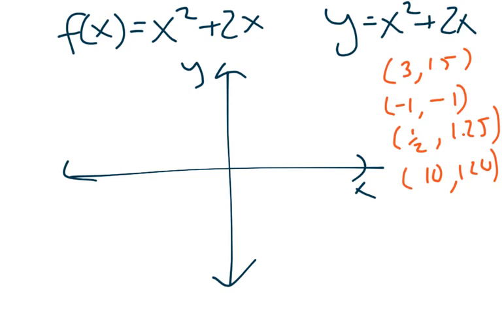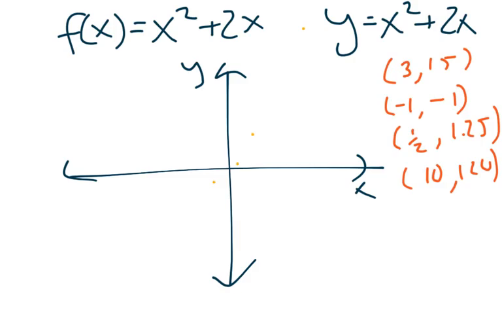What we could do is plot all of these points on my XY graph here, the coordinate plane, and we would get points that are on the graph for that.